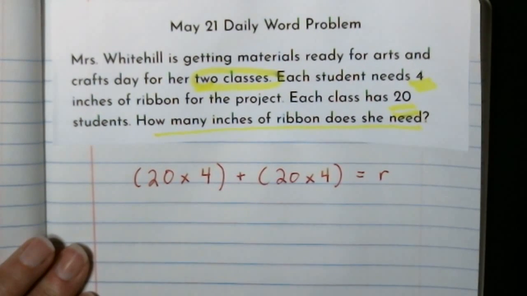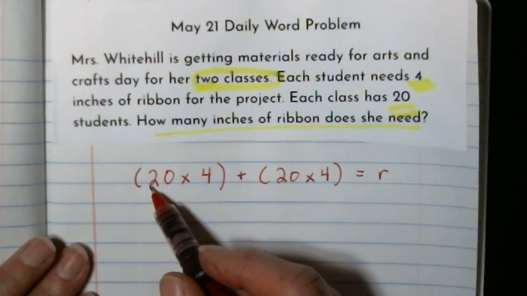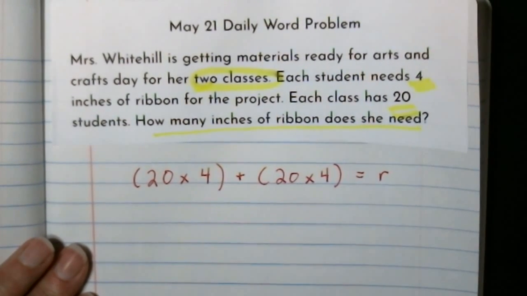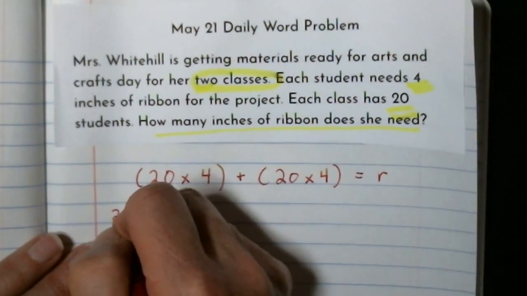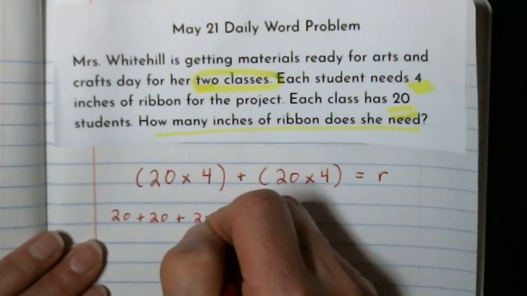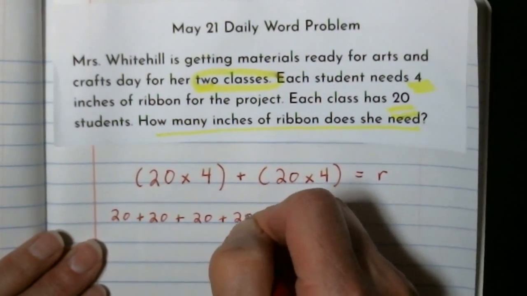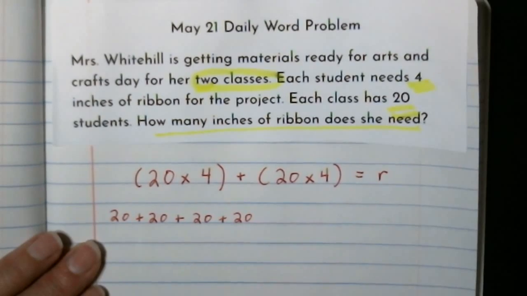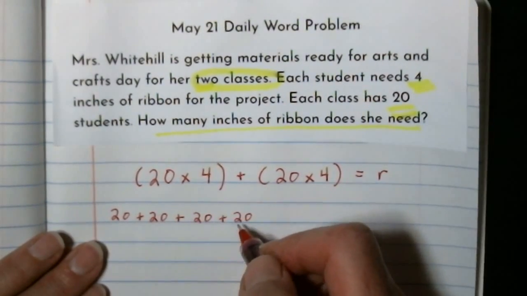So we could do a couple things here. We could remember what to do when we multiply by multiples of 10. Or we could do 20 plus 20 plus 20 plus 20, and find that.